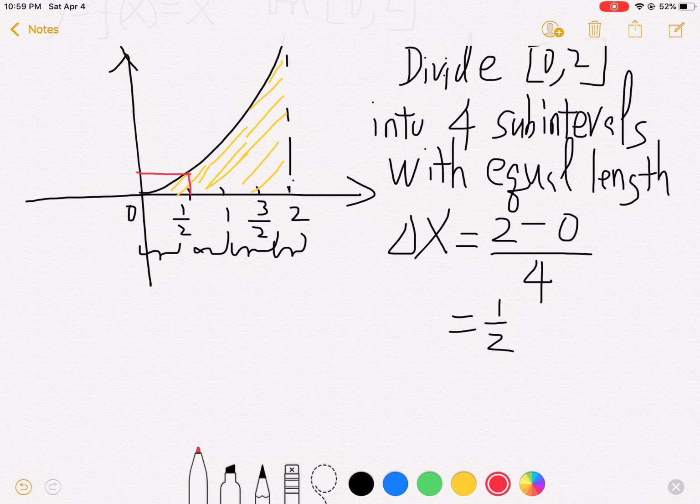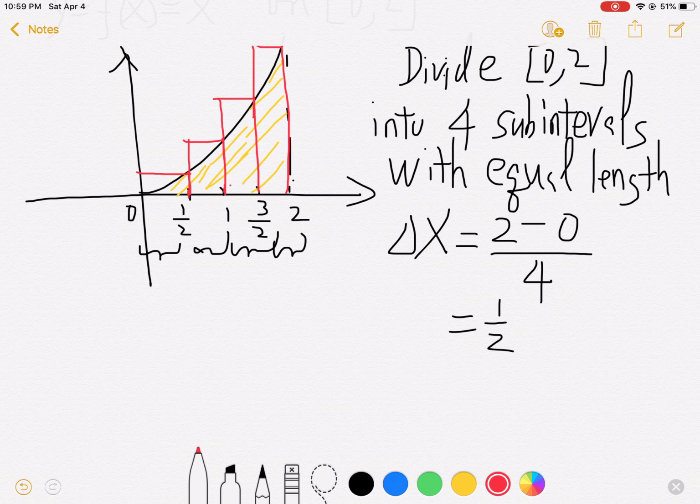We use the height as the f values at the right endpoint for each interval. So the right endpoint is 1 for the second interval. We use this as our height, this one as our height, this one as our height. Okay? Then we compute the area for each rectangle, then add them.